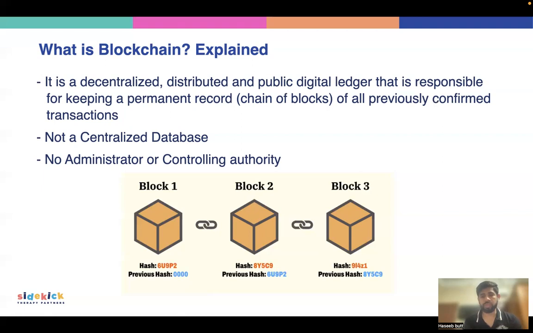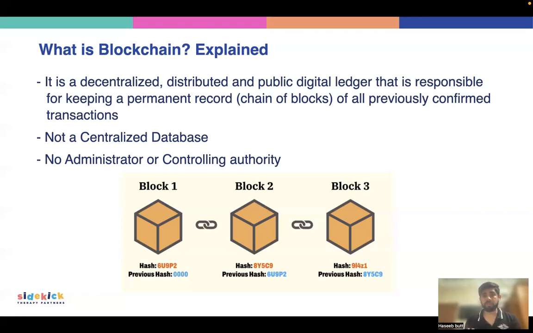It is actually a combination of thousands of different computers, and it's a public digital ledger because it's publicly available to everyone. Everybody can join in and everybody can check what transactions are going on in the ledger live. There is no administrator or controlling authority involved in the blockchain.